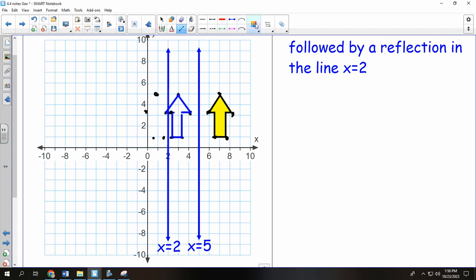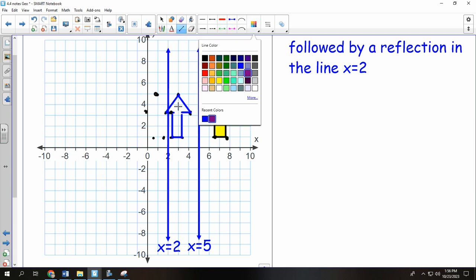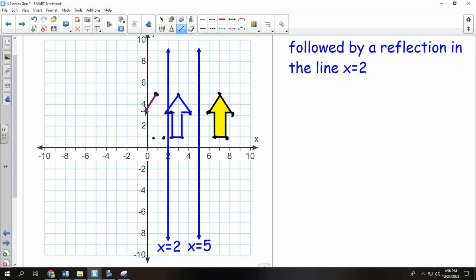All right. And we just draw the reflection. Oh, I lost my line. Okay, so you just do what it tells you to do. Don't make it any more complicated than that.